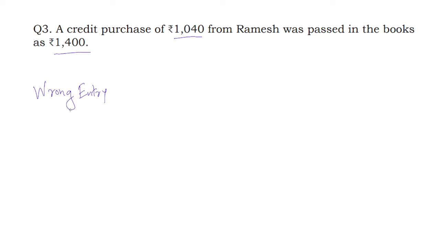In this case there is nothing wrong in the entry, the entry is correct. Still we are writing it as wrong entry because the amount is wrong. Simply credit purchase from Ramesh. The entry was passed like this: purchase account debit 1400 to Ramesh 1400.